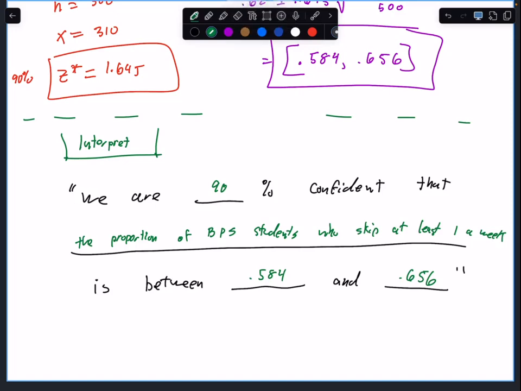And that's the whole problem. Conditions, find the interval, interpret the interval.